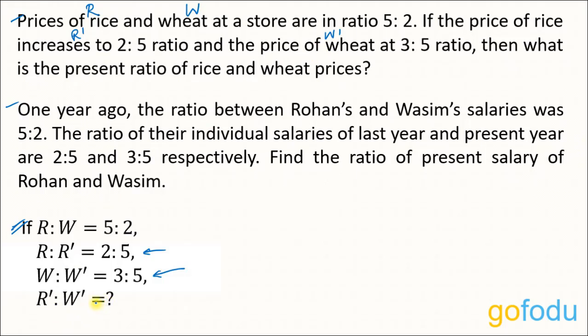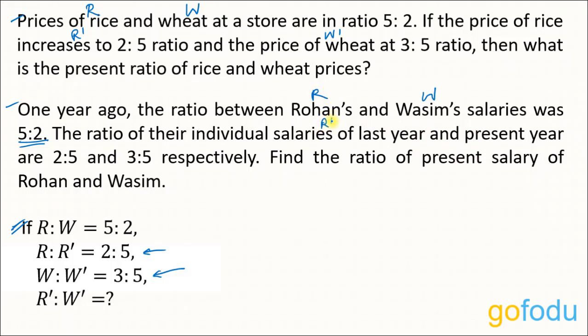Okay. The same thing is happening in the second question as well. One year ago, the old salaries of Rohan and Wasim were in ratio 5:2. The old salary of Rohan is R, the old salary of Wasim is W. R is to W is 5:2. And the ratio of individual salaries of last year and present year is 2:5. So last year's salary of Rohan is R, present year's salary of Rohan is R dash.